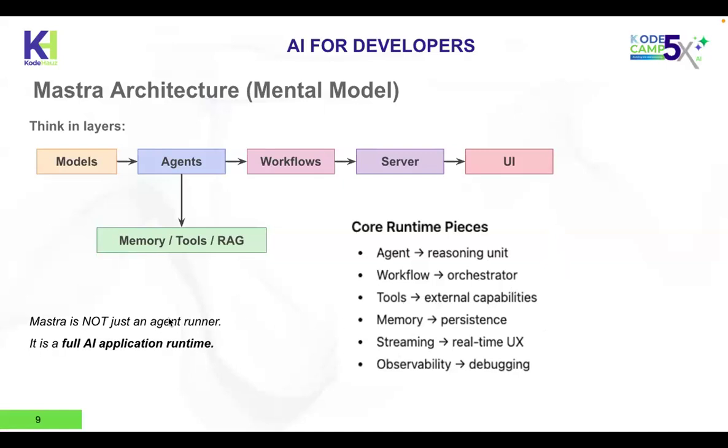So Mastra is not just an agent runner, it's a full AI application runtime that you can build any application on top of. You can think of Mastra as giving you a powerful runtime for your front end, and then you use LangChain and LangGraph to build your powerful backend if you need additional capabilities there.